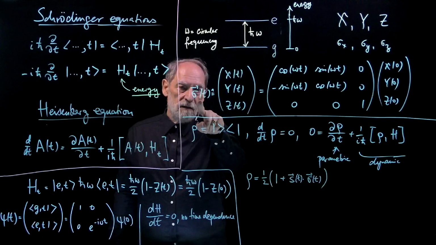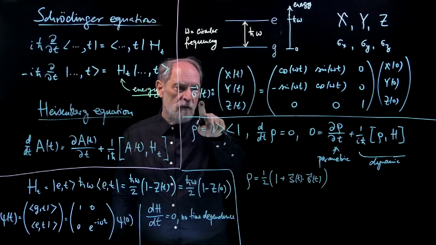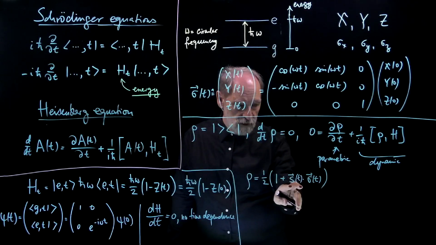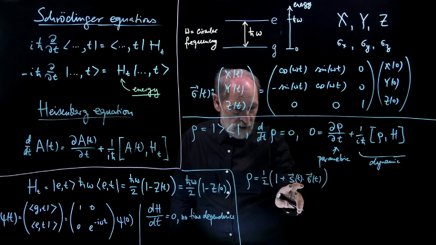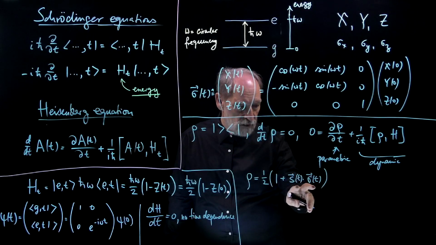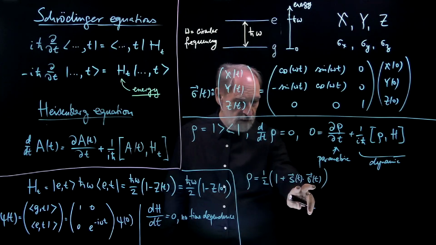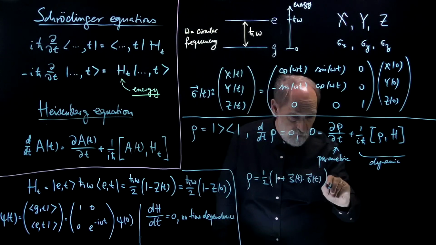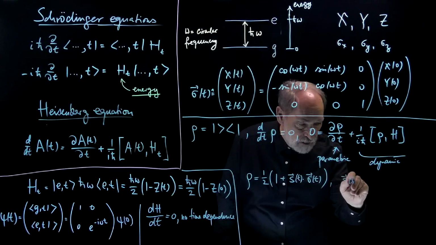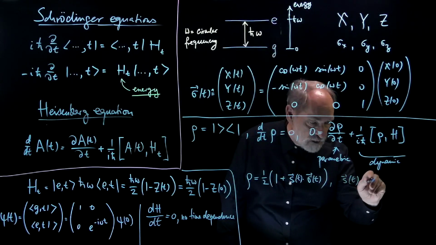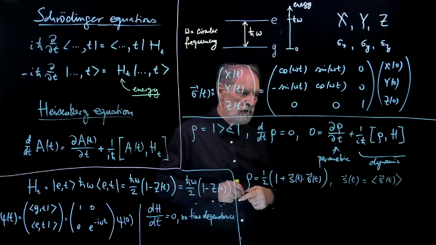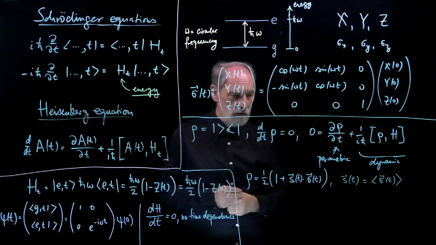Now we have seen that the Pauli vector operator is just rotated in time, and so the Bloch vector has also been rotated in time such that the dot product of the two remains the same, which just means that they are rotated in the same way, which of course is clear because the Bloch vector is the expectation value of the sigma vector.